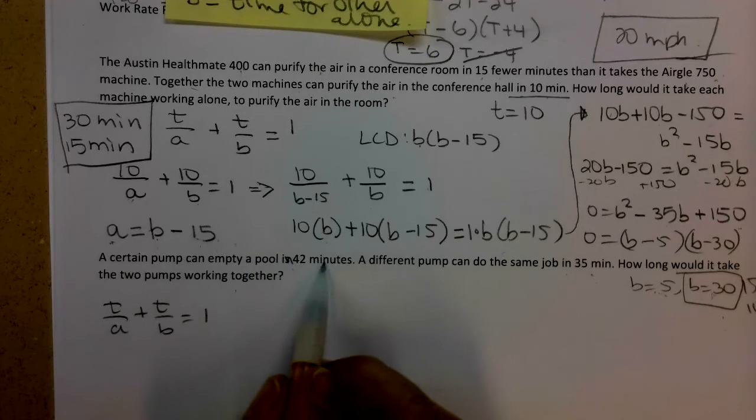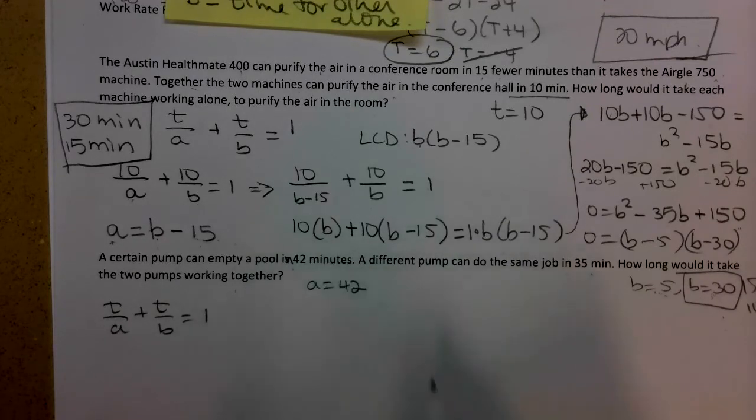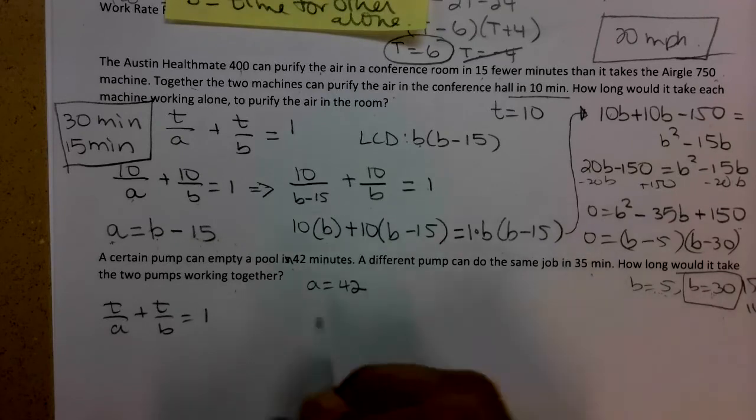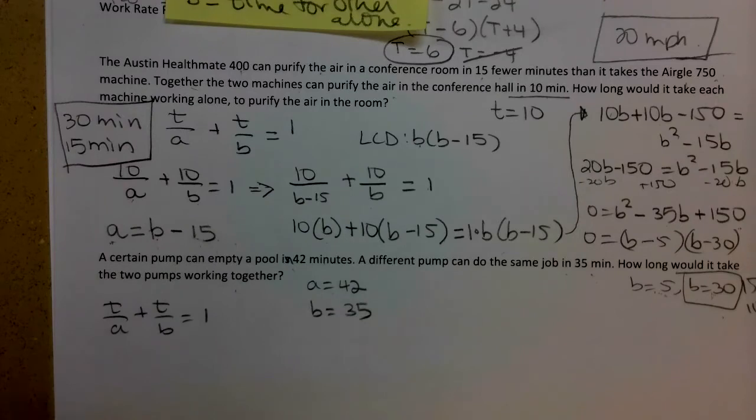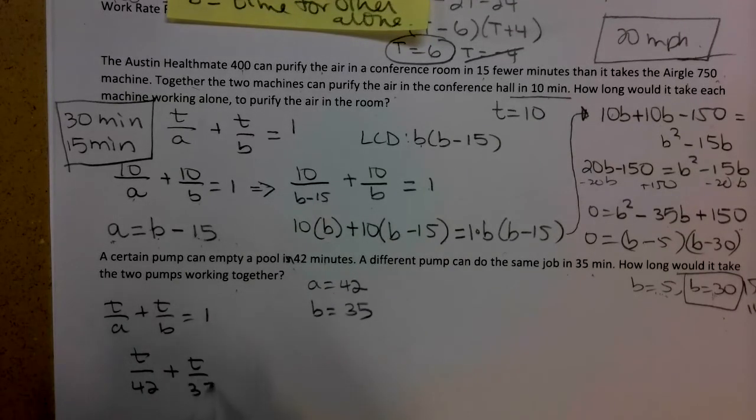A certain pump can empty, so this is one of the times alone, right? So we can let A be 42. A different pump, same job, in 35 minutes. So T over 42 plus T over 35 equals 1.